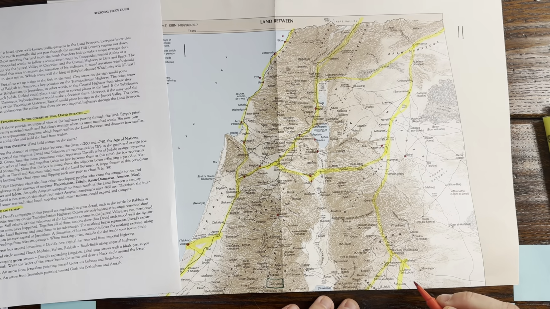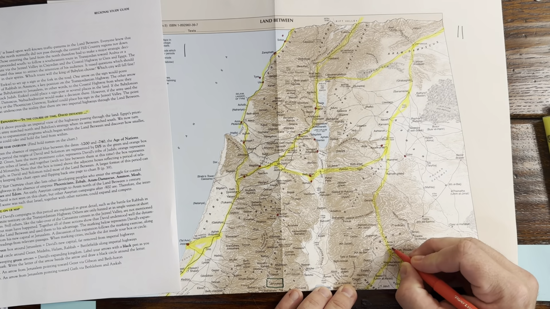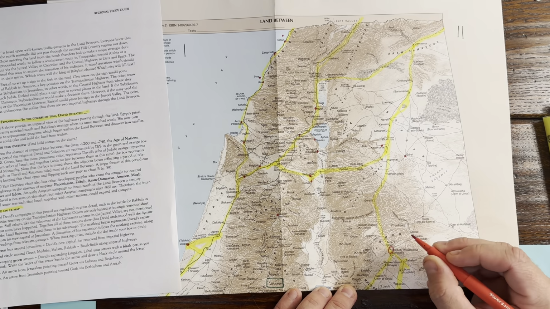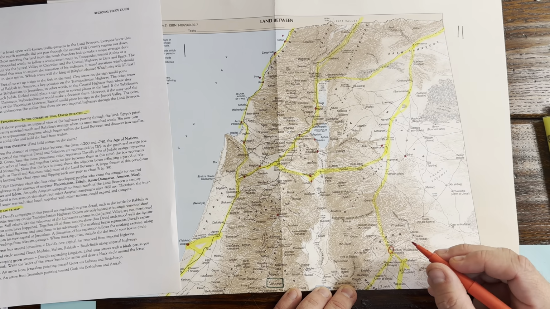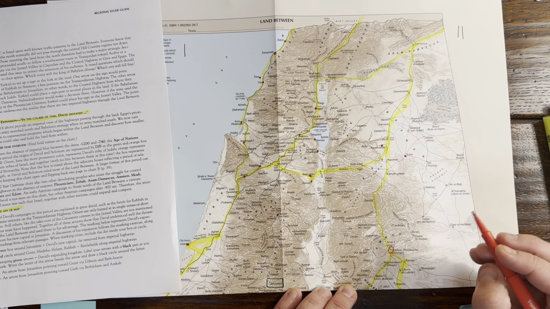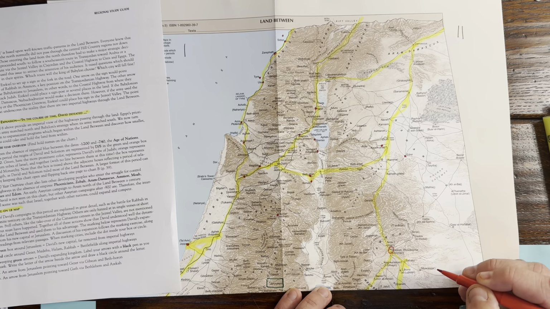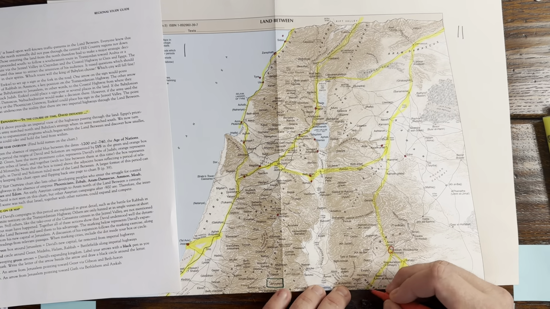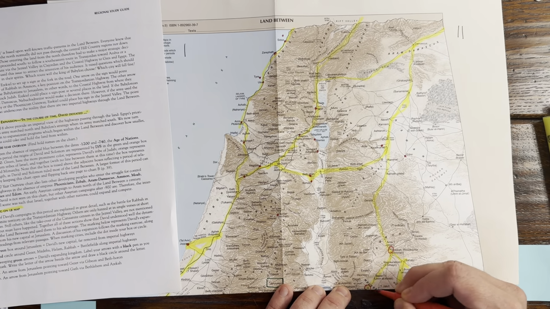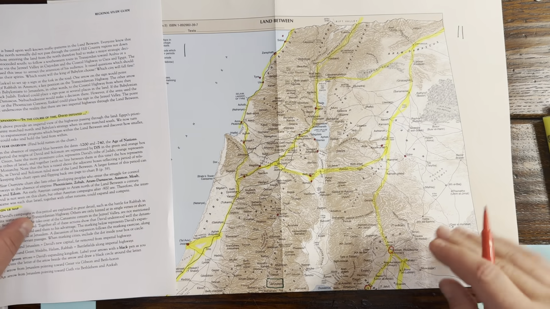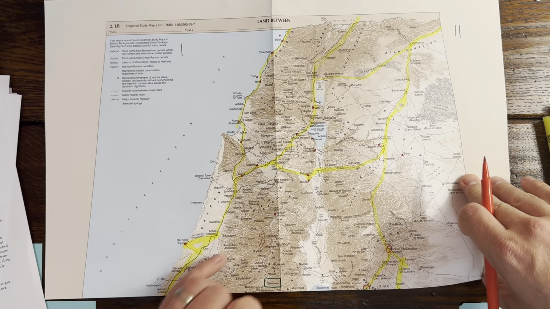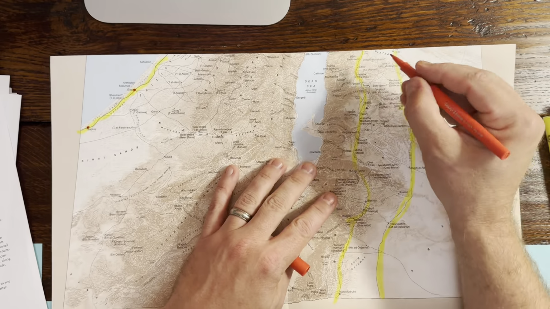Ready? So not Bezer, but Gezer. So we're going to do it around Rabbah. All right. We're going to do it around Madaba, which is right here. We're going to do it around Gezer and Helam.